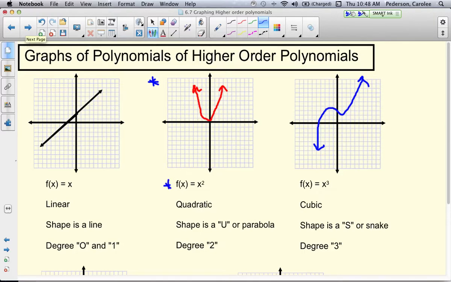We call it a quadratic, and the shape is a U, or you can also call it a parabola. The degree of this quadratic function is degree 2, and that comes from the highest term in that function. So go ahead and write those pieces down that I just highlighted.